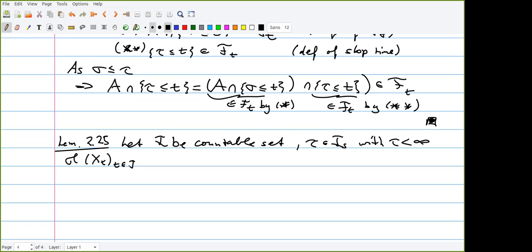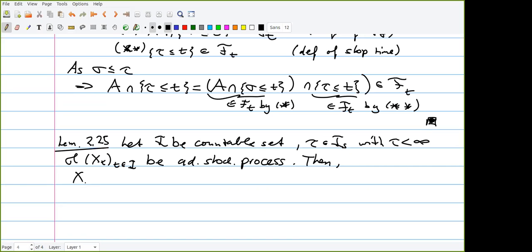Let's call it X, indexed by I, which is an adapted stochastic process. Then it's a statement.